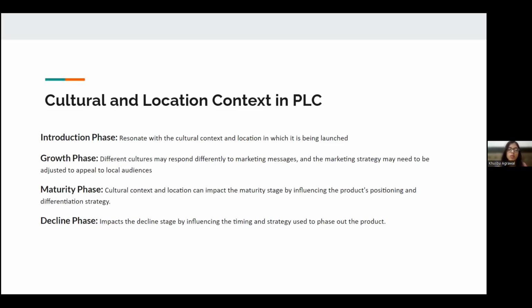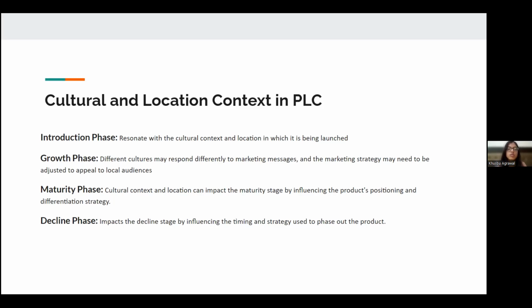And finally, talking about the decline stage, cultural context and location can impact the decline stage by influencing the timing and the strategy used to phase out the product. Worldlink needs to monitor the local market closely to identify when its services are becoming outdated or facing increasing competition from other providers.